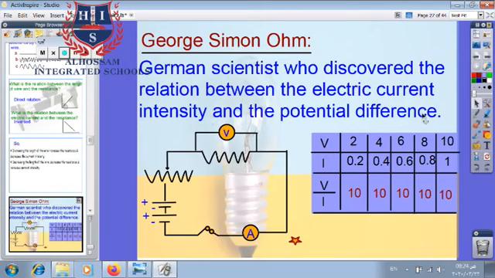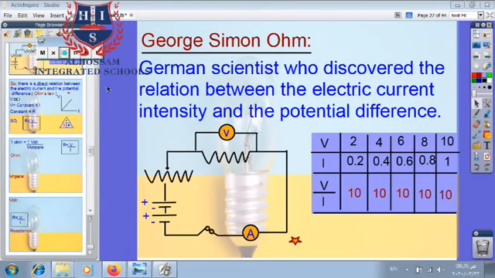George Simon Ohm connected an electric circuit as it is, consisting of a fixed resistance, voltmeter, rheostat, batteries, key, and an ammeter.